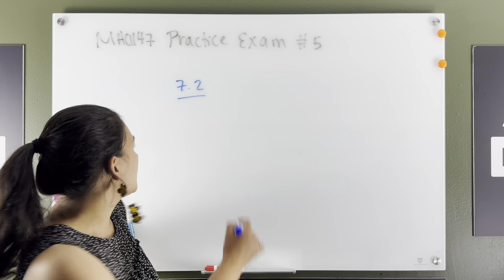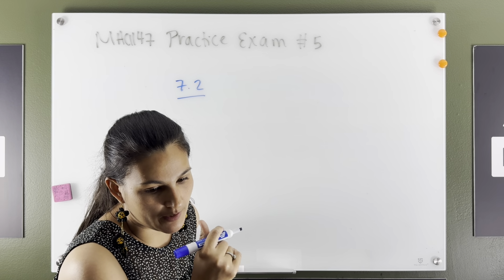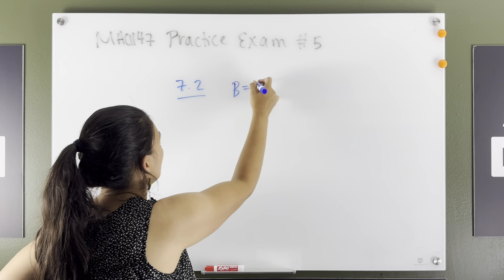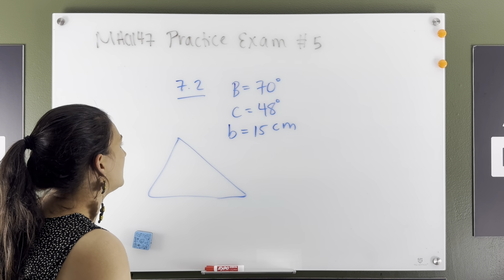Okay, so we're going to label it. They gave us angle B, angle C, and they give us side B. And it's our job to find the rest of the triangle. So let's go ahead and label the triangle. We don't assume it's a right triangle, at least not in the beginning.